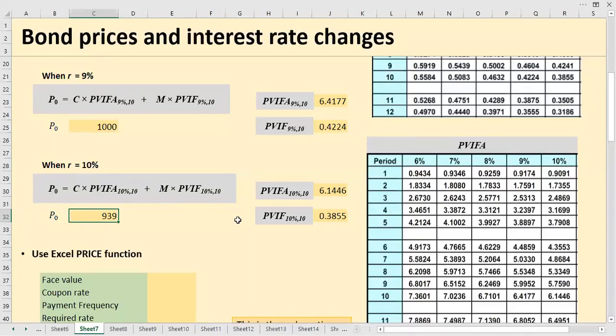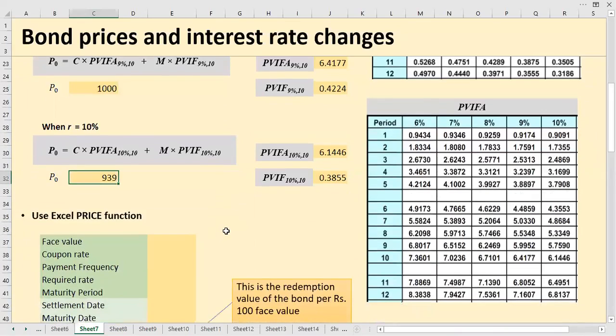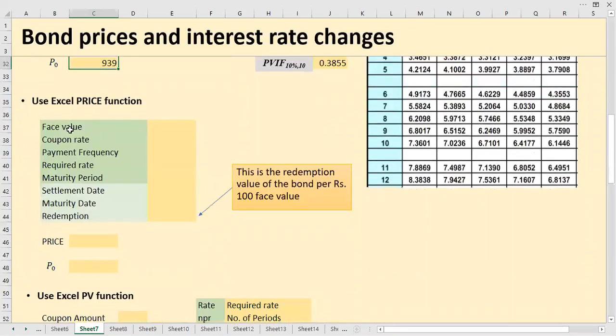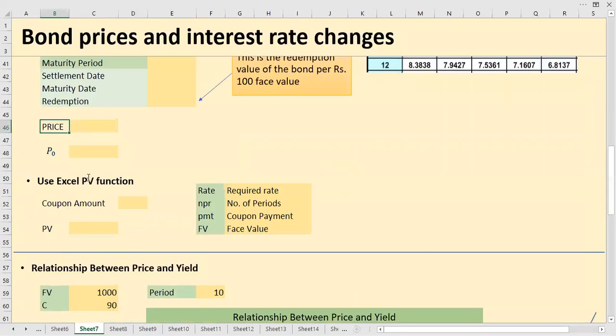Right. So with that, I want you to understand some of the Excel functions we can use to calculate these present values. In this, I am going to introduce two Excel functions you can use to calculate these bond values using Excel. The first way is using the PRICE function, and the second way is using the PV function.